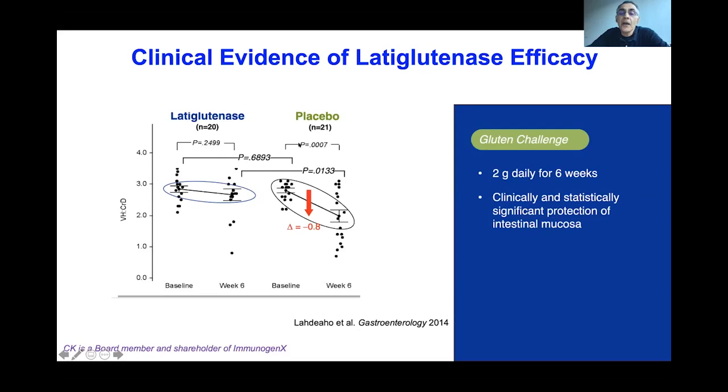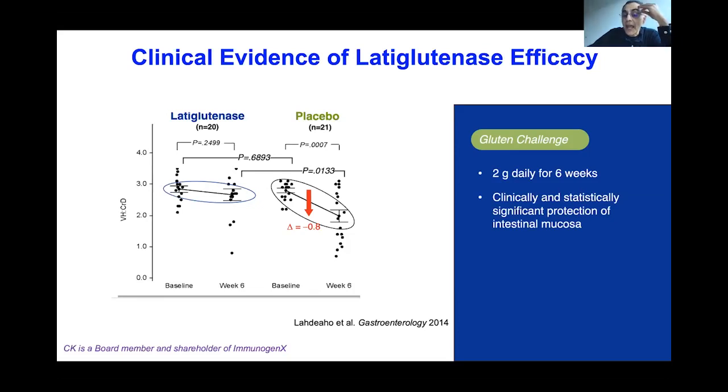The first proof of clinical efficacy was derived in a phase 2 randomized controlled trial in Finland, whose data I'm showing you over here. It was a relatively small study on about 40 patients, who were more or less in remission because they had managed to exclude as much gluten from their diet for many months.